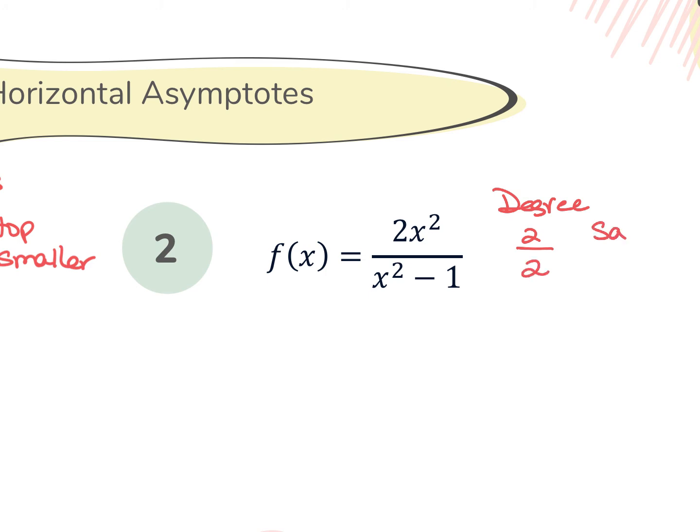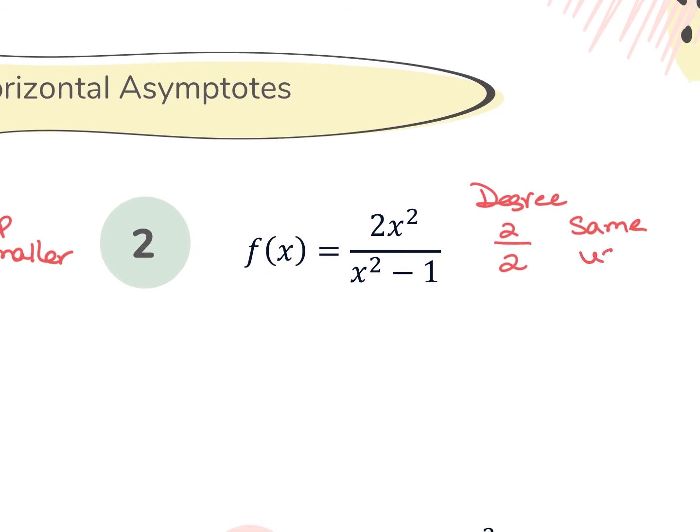When the degrees are the same, I'm going to be using the coefficients. So the coefficients I'm using are this 2, and then I can assume a 1 here. So my horizontal asymptote is going to be y equals 2 over 1, which is just y equals 2.